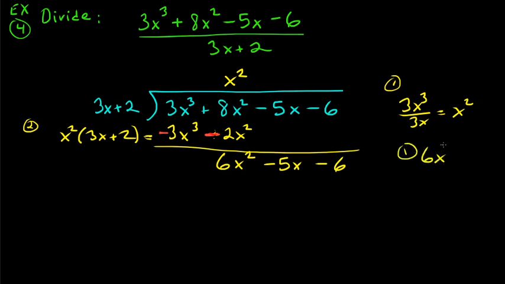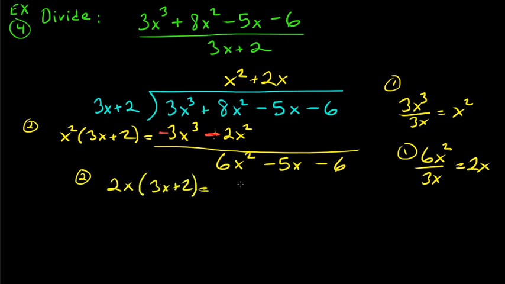So step 1, 6x squared divided by 3x is just 2x, positive 2x. All right, step 2, multiply that positive 2x by 3x plus 2. And you should get 6x squared plus 4x.